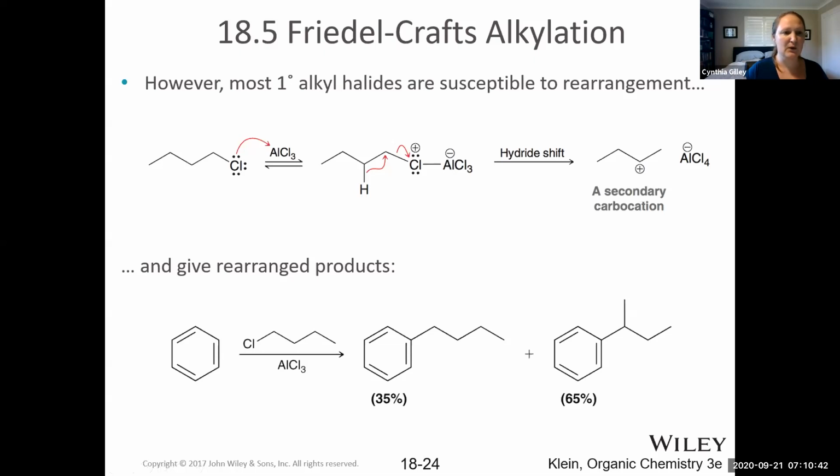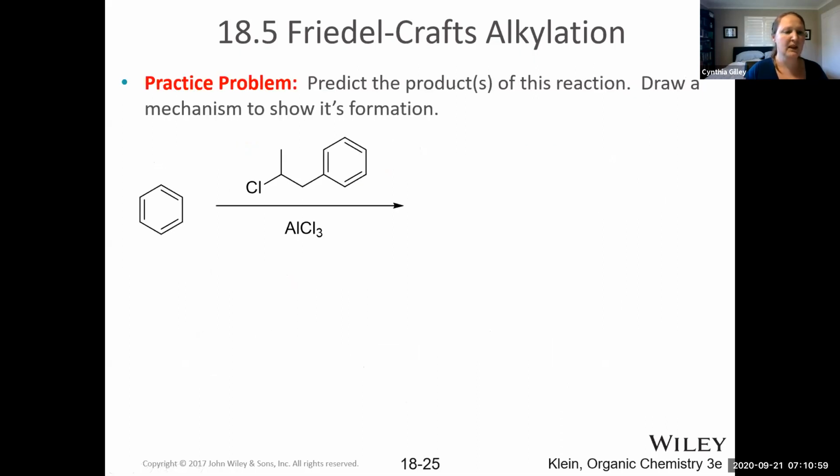So you can use methyl chloride, ethyl chloride, or any secondary or tertiary alkyl halide would be okay. But propyl chloride and butyl chloride and anything longer chain where this is a primary carbon is not good because of rearrangement. So let's do a practice problem so we can also show how we can draw products from this reaction.